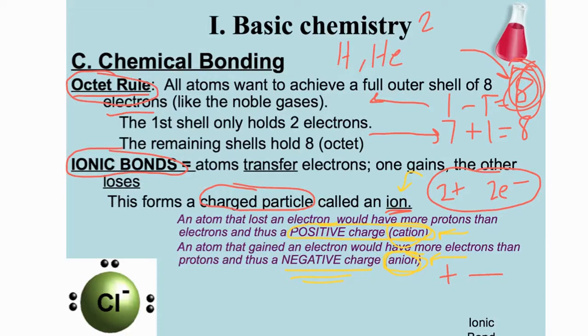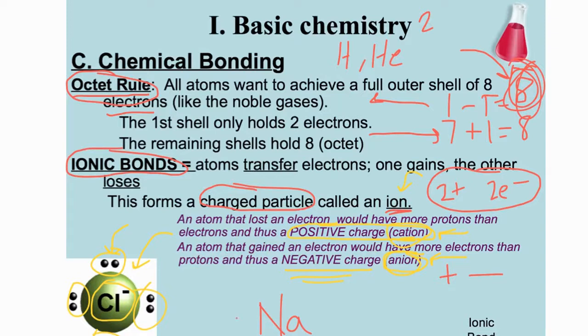All right, so here's chlorine. This is an ion. Chlorine only has 7 electrons in its outer shell, but here you can see it has 2, 4, 6, 8. Chlorine has stolen an electron from some atom. Now, one atom it loves to steal from is sodium. Well, how many electrons does sodium have in its outer shell?